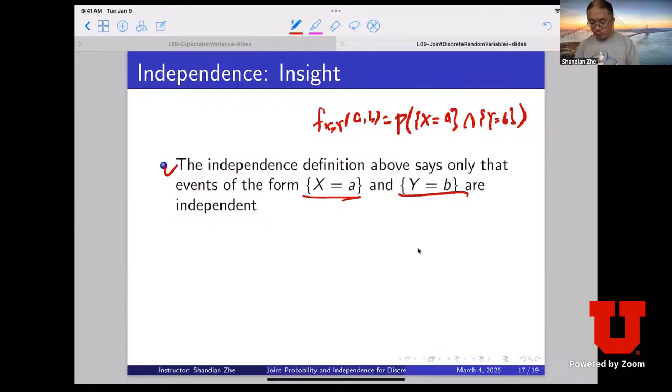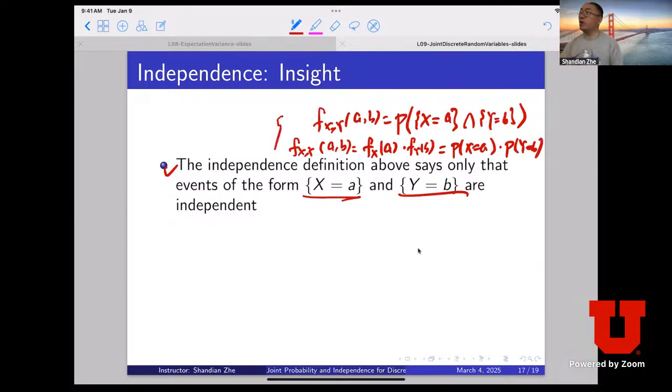So we require that if we say X, Y are independent, it means that this joint density can be written as the product of the marginal densities for X and Y, which is the probability that X equals A times the probability that Y equals B, right? So that's how we define the independence between random variables. They're just talking about the events in the form X equals A and Y equals B being independent of each other, right?